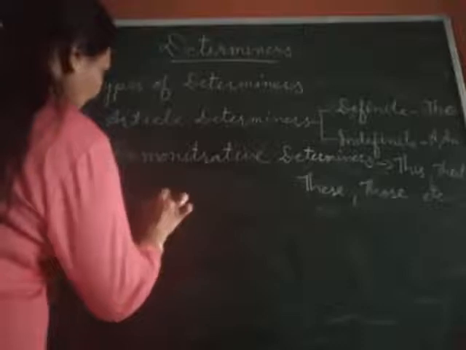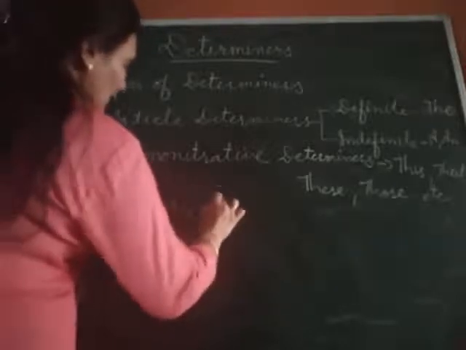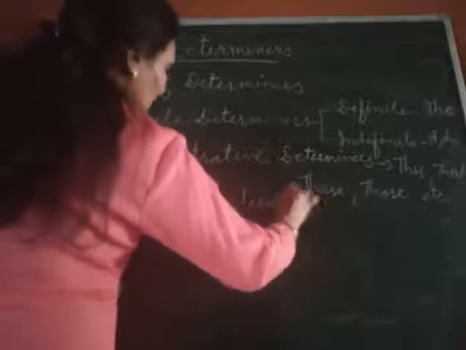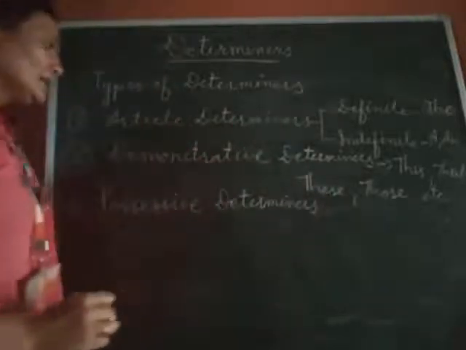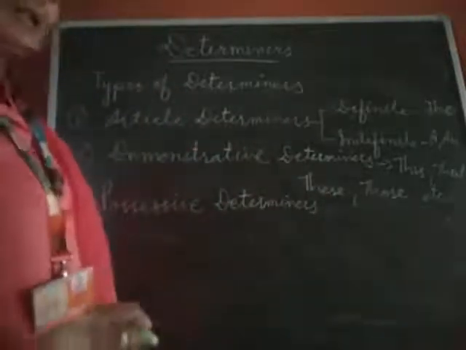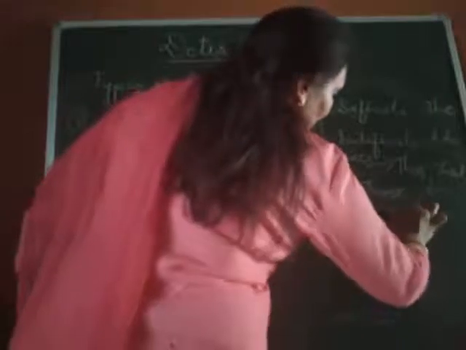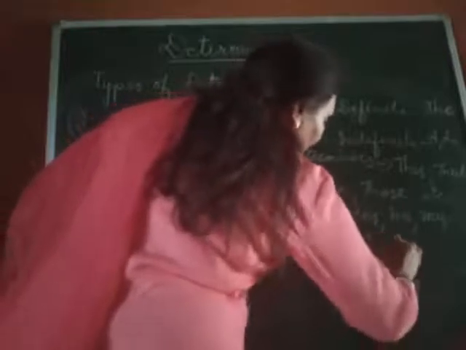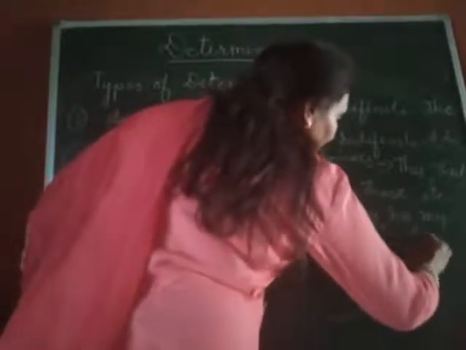These are this, that, these and those. These are the demonstrative adjectives. These are used to point out the object denoted by the noun.